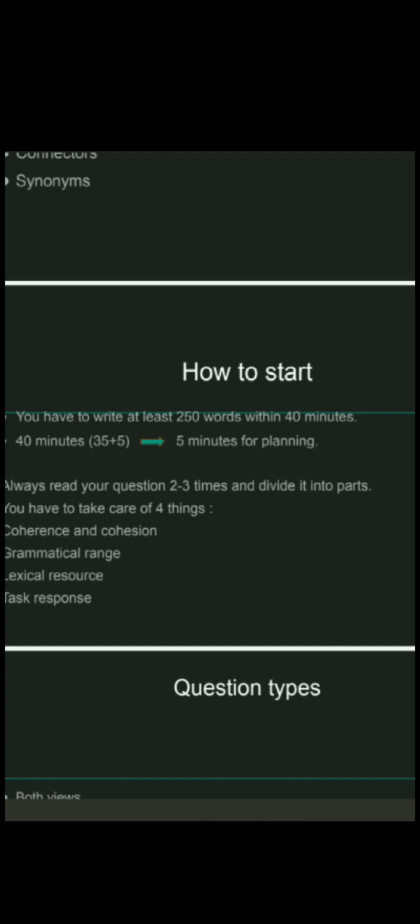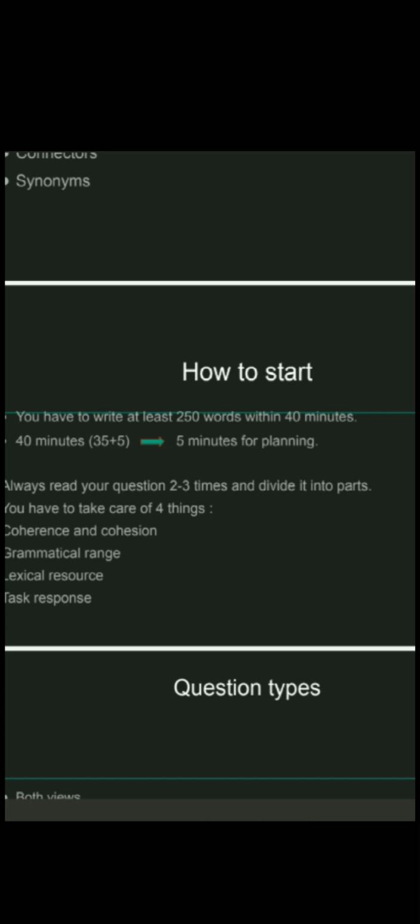Second point is how you have to use your 40 minutes. 35 plus 5, meaning 5 minutes for planning and 35 minutes for writing. In my opinion, it does not matter if you are giving 5 minutes, 4 minutes or 3 minutes. According to me, you should make your ideas as fast as possible, because giving 5 minutes is really a waste of time.